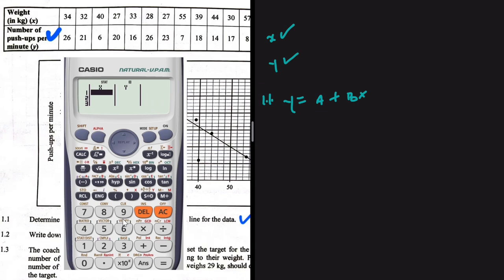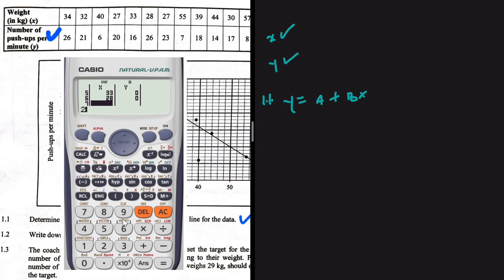You can see the data that we have: 34, followed by 32, 40, 27. You have to be very careful when you enter your data, because if you make one mistake, all the answers are going to be incorrect.